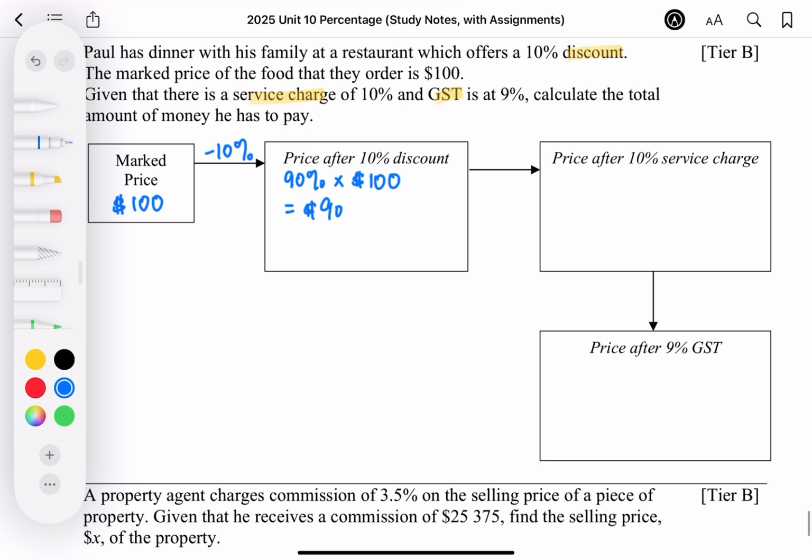And if we treat this value as 100%, then we are paying 110% of the price for the service, so this is the price including service charge.